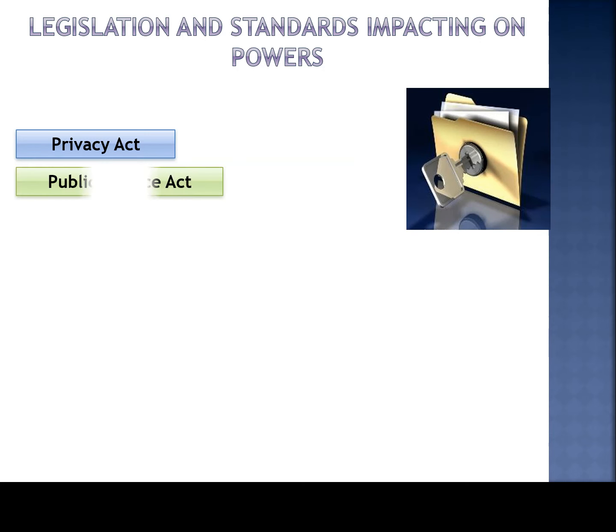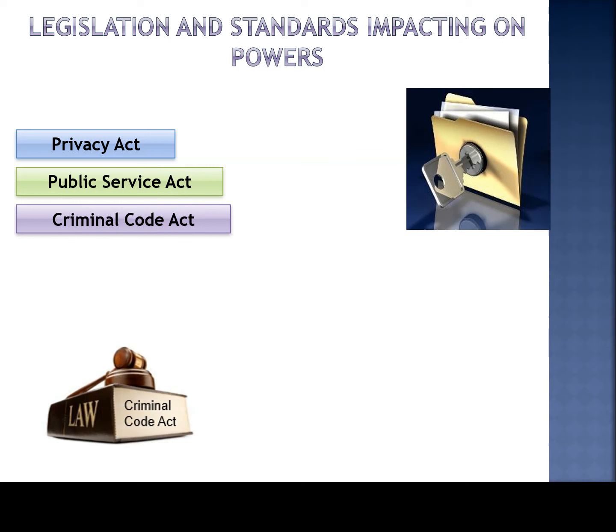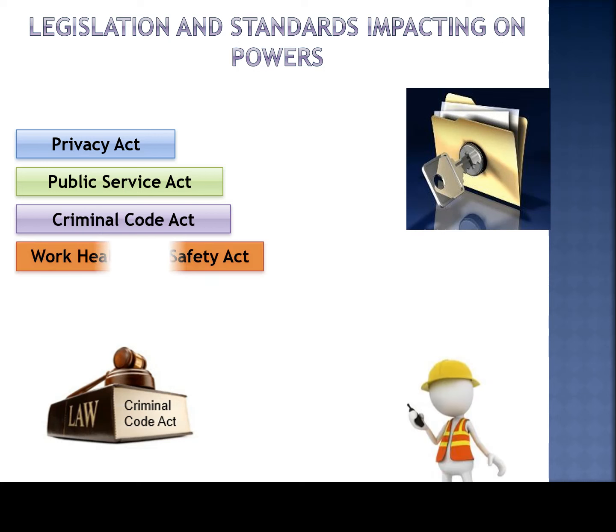We need to also consider the Public Service Act, which dictates how we conduct ourselves as a public servant. We might need to consider the Criminal Code. For example, if we're on someone's property and it's deemed to be an unlawful entry onto the property, then we may be breaching trespass laws under the Criminal Code.